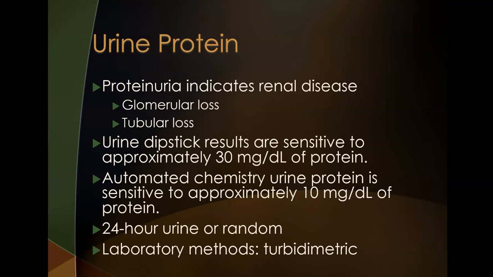The automated chemistry urine protein is sensitive to approximately 10 milligrams per dL of protein. And you can do urine protein on a 24-hour urine or on a random urine. And the lab methods for urine protein are turbidimetric methods.